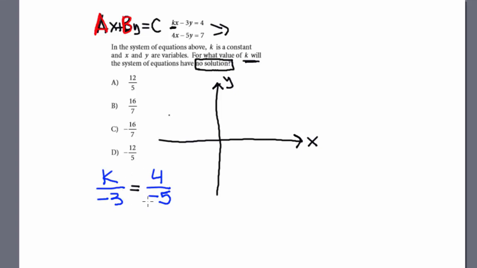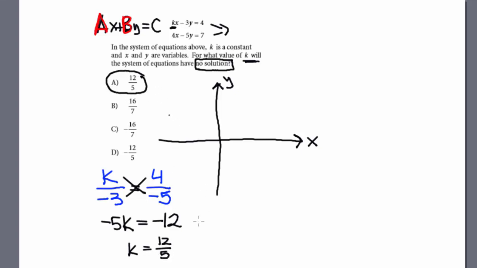In other words, this is a proportion here. And when you've got a proportion, hallelujah, let's just cross multiply. So we get -5k equals -12. Divide by -5, you get that k equals 12 over 5. And there you go. There's our answer, okay?